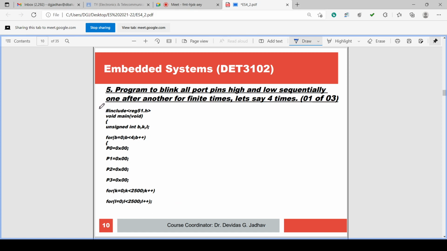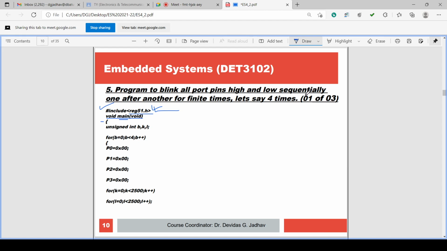Include reg51.h, header file is included. Then void main. This main is a function name which starts here and ends at the end of the curly bracket. So this main will have the curly bracket start and curly bracket end.